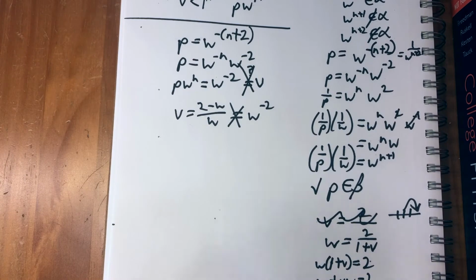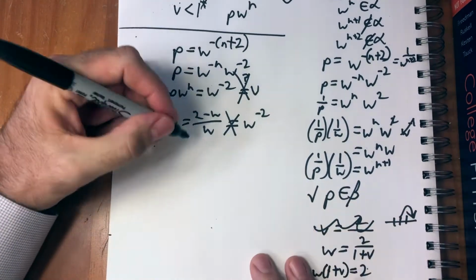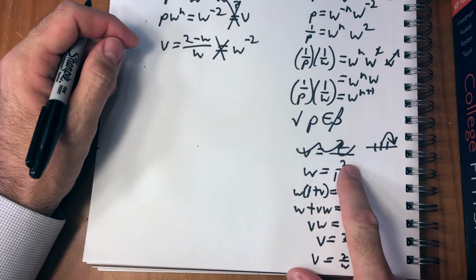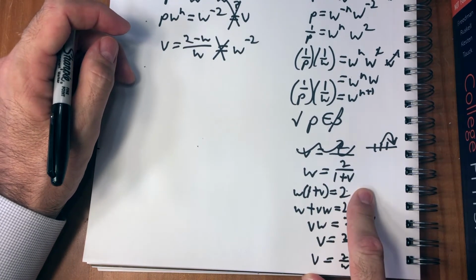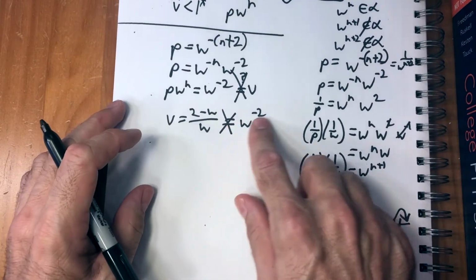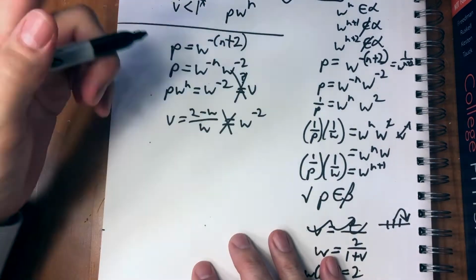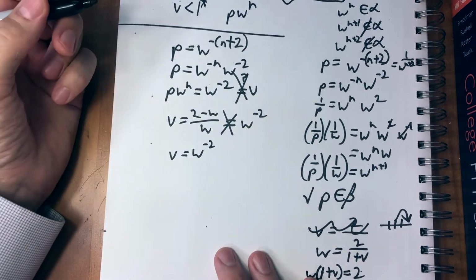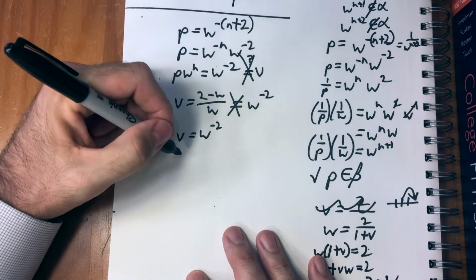Okay, so let's start with that. Let's see what we need it to be. Because what we did before was we had that w equals v over 1 over 2 over 1 plus v. What we want is for v to equal w to the minus 2. So let's solve for w. If v equals w to the minus 2, let's take the inverse of both sides.